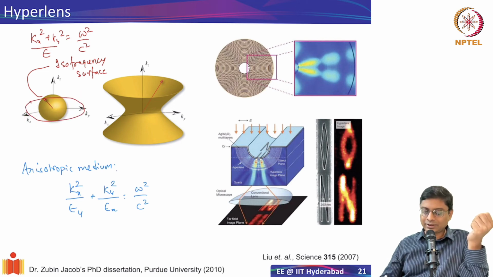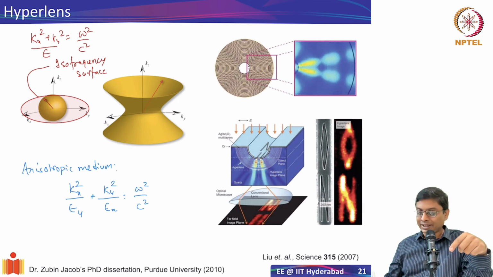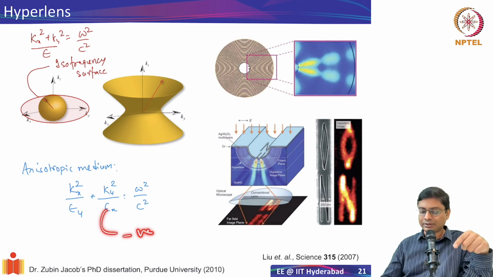It's no longer a circle, but it becomes an ellipse. And if one of the epsilons is negative, for example, let's say I make this negative.